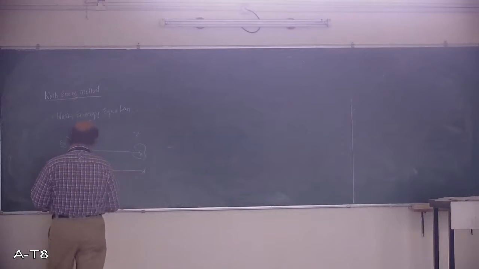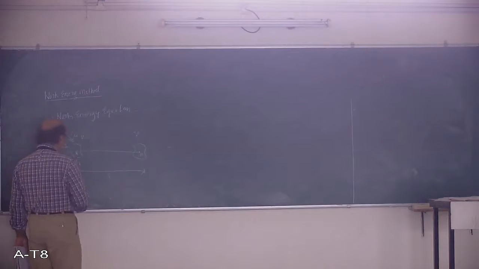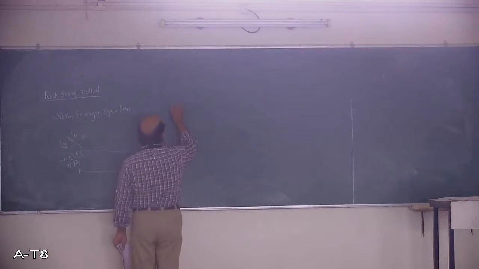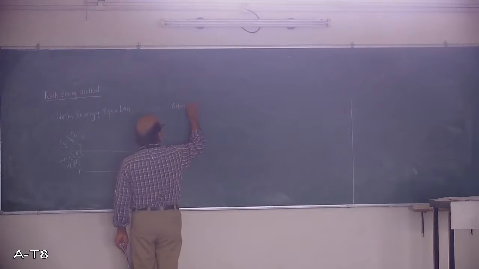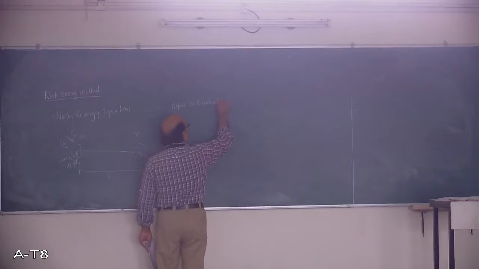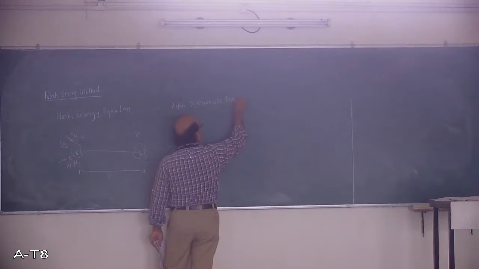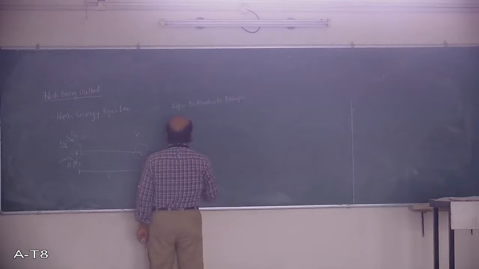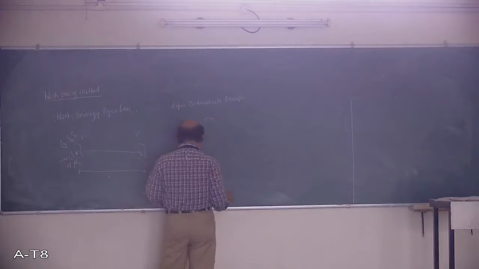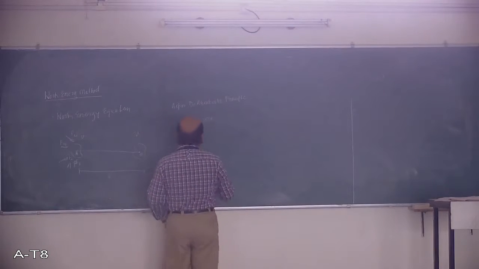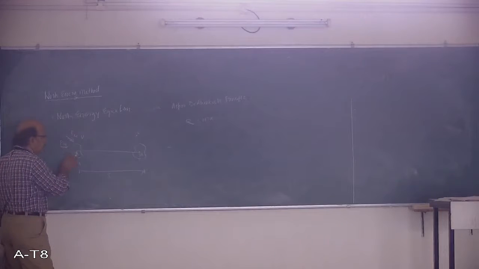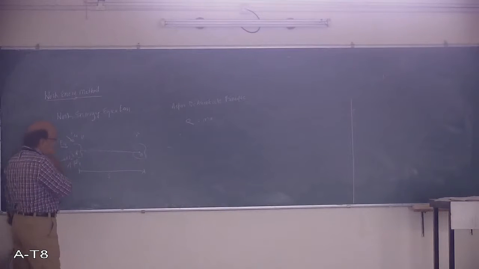Now, as per D'Alembert's principle, R is equal to MA, we know it. R is the resultant force. Of the system of forces acting on that block A, the resultant will be acting in this direction, and the component of that resultant will be acting in the X direction.